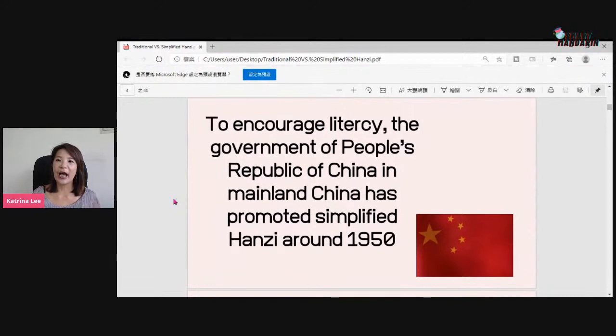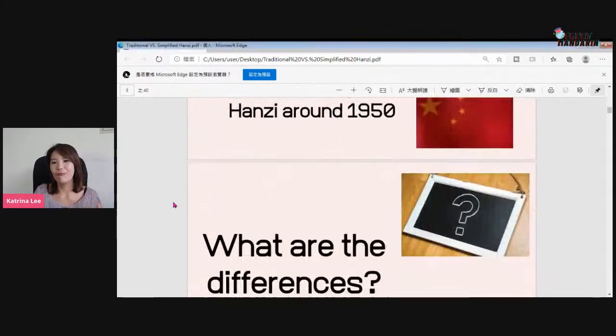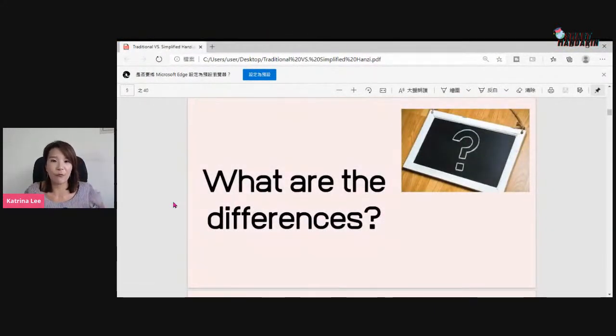I think that if a country needs to improve literacy, it needs to work on the education system, not change the characters. This is just my opinion, all right? But that's the government's opinion: change the characters, encourage the literacy. Well, you guys can check what the literacy rate in China is right now.